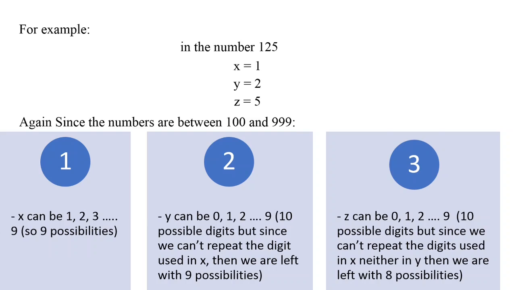Since the numbers are between 100 and 999, X can be 1, 2, 3, up to 9. It cannot be 0 because we are starting at 100.